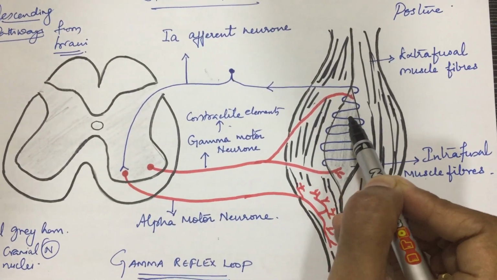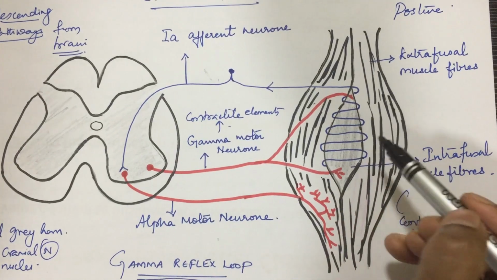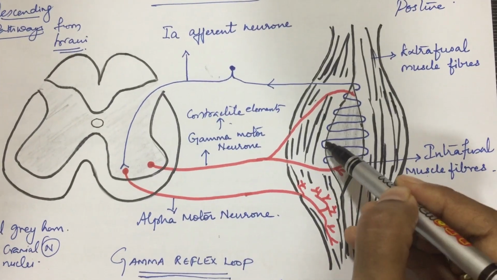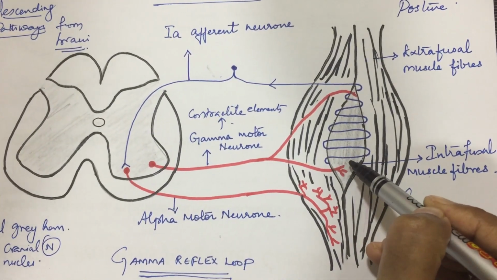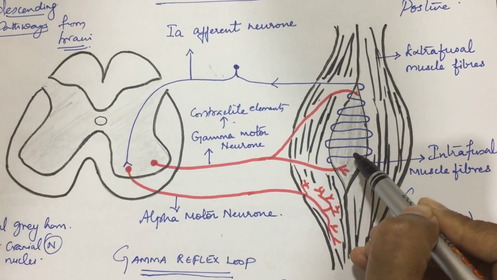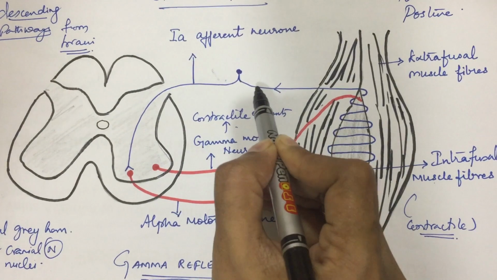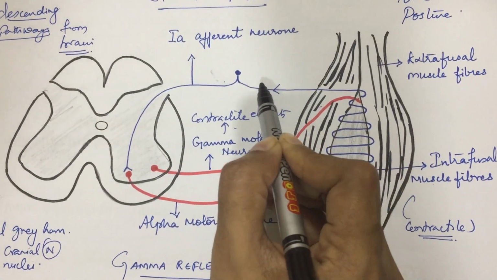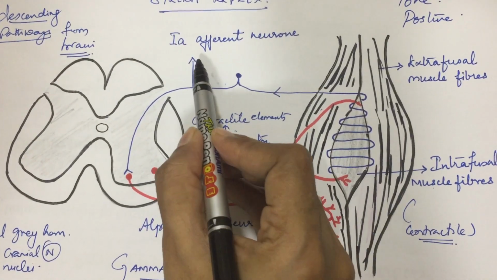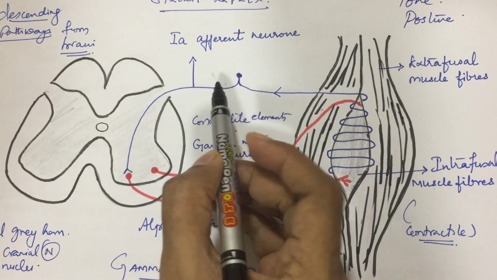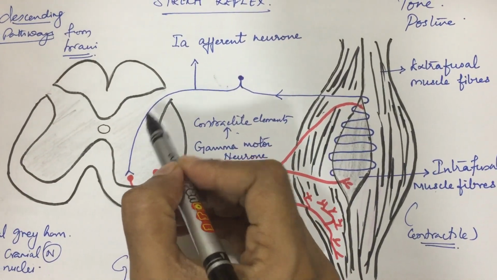So when stretch is applied, the sensory nerve endings attached to the non-contractile portion of the intrafusal muscle fibers will pass the impulse via the primary afferent nerve fiber. In this case, it is the 1A afferent neuron to the spinal cord.